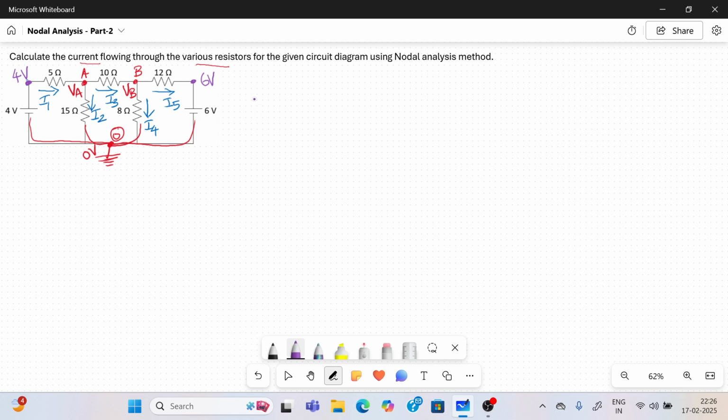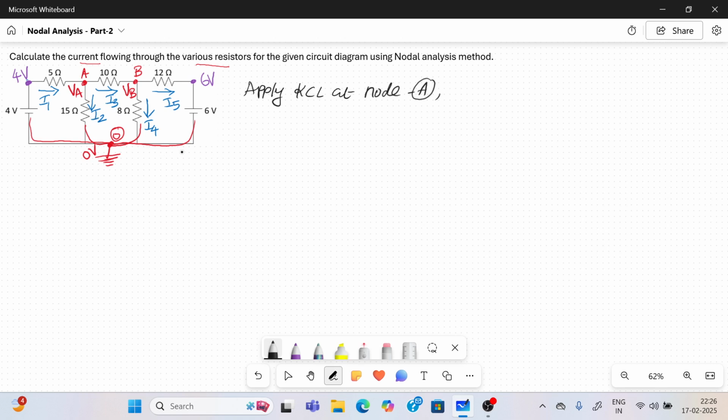Now we are going to apply KCL at node A. What are the currents available at node A? I1, I2, I3. What is KCL?